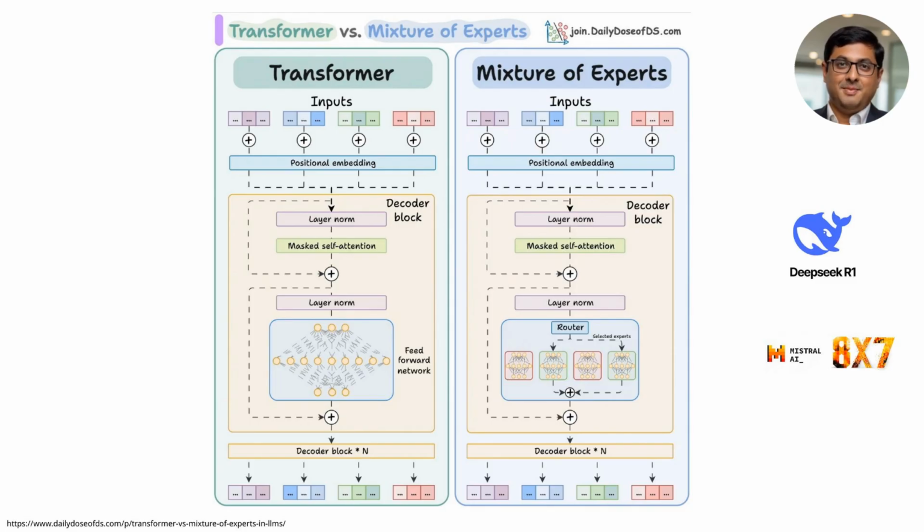In contrast, MOE replaces this with several smaller expert networks. During inference, only a subset of these experts is selected and activated for each input. This selective activation makes inference more efficient in MOE compared to standard transformers. Although MOEs have a larger total parameter count, only a portion of the parameters are used at any time. As a result, MOE models achieve faster inference despite their increased size. DeepSeek R1 and Mixtral 8x7B by Mistral AI are two famous LLMs that are based on MOE.